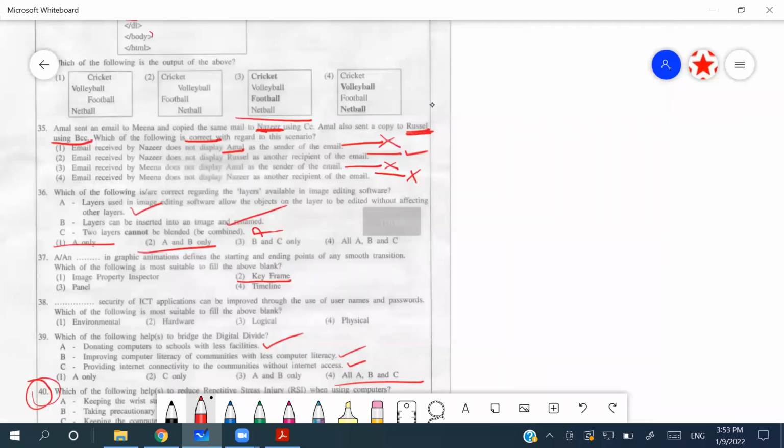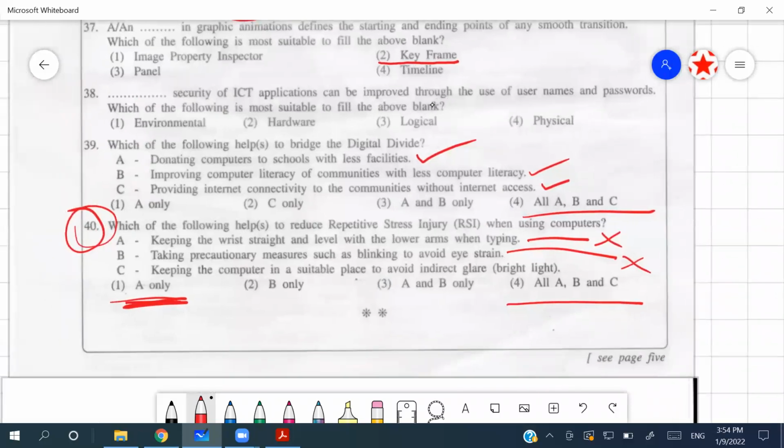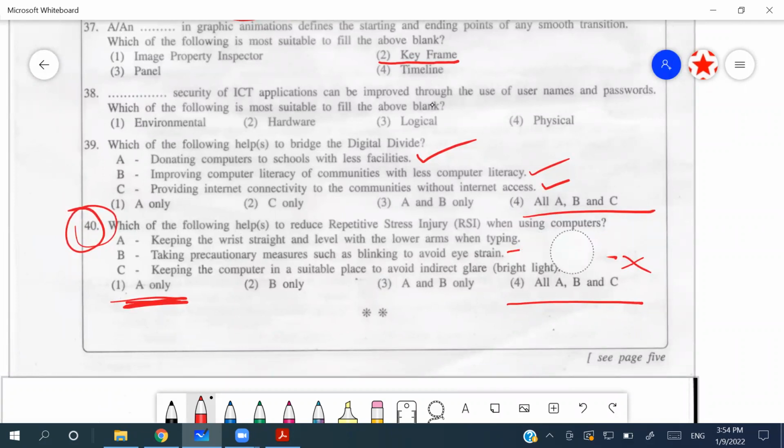Right, so now here, for reducing RSI, keeping the wrist straight and level with the lower arms when typing, yes, this will help to reduce the RSI, so it can be considered a correct one.